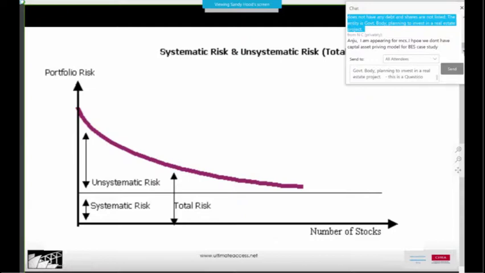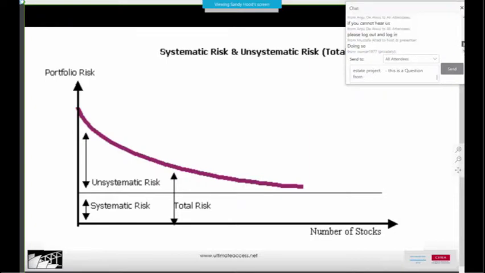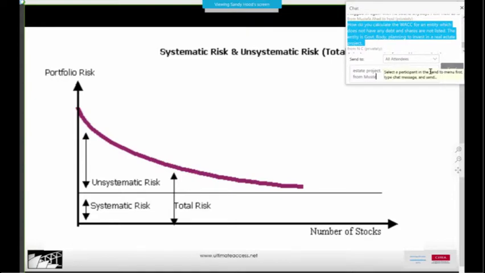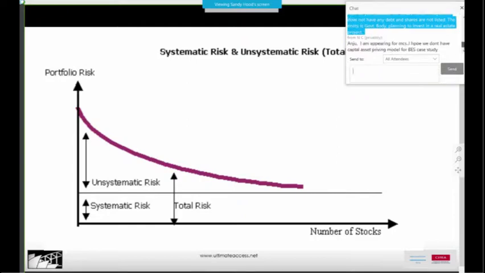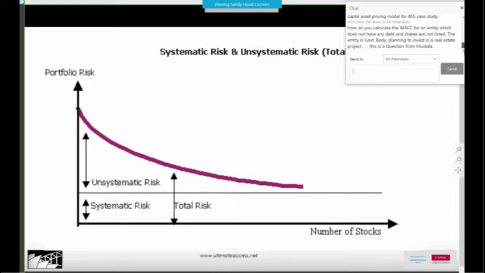And what's happening there is that the wise investor is taking a combination of shares in order to reduce that unsystematic risk, to reduce the risk associated with those industries.